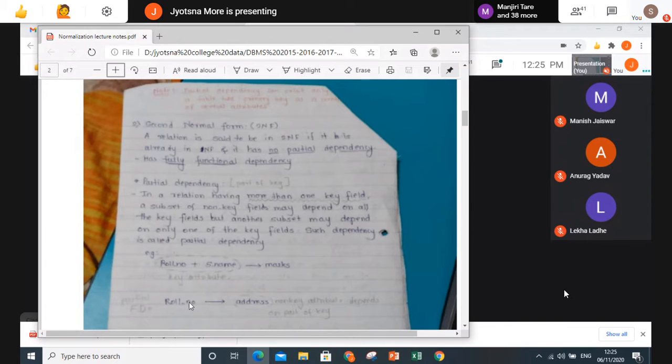But here only part of that key attribute is determining some non-key attribute. So this functional dependency is known as partial functional dependency. Clear, everyone?